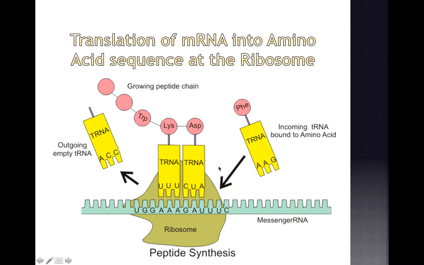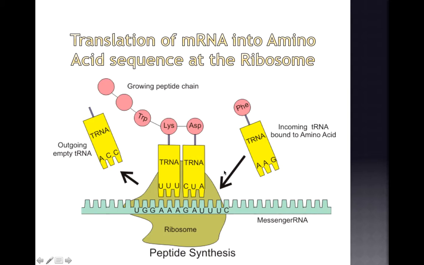Then the transfer RNA comes in, and you see how it matches the codon and the anticodon. They join together. AAA is matched to UUU, GAU is matched to CUA. And then the next one, which is UUC, will be matched to this transfer RNA, AAG.